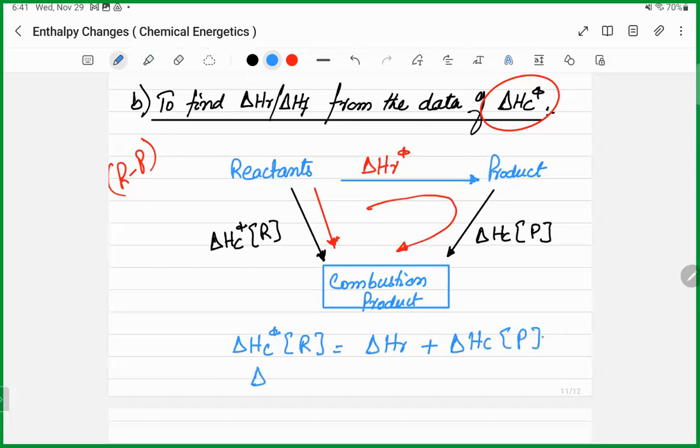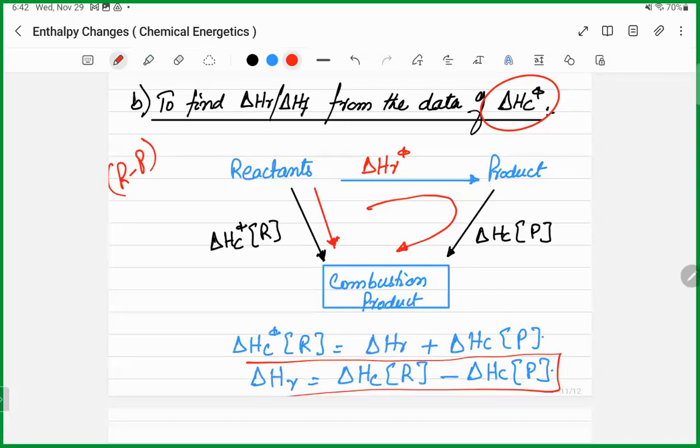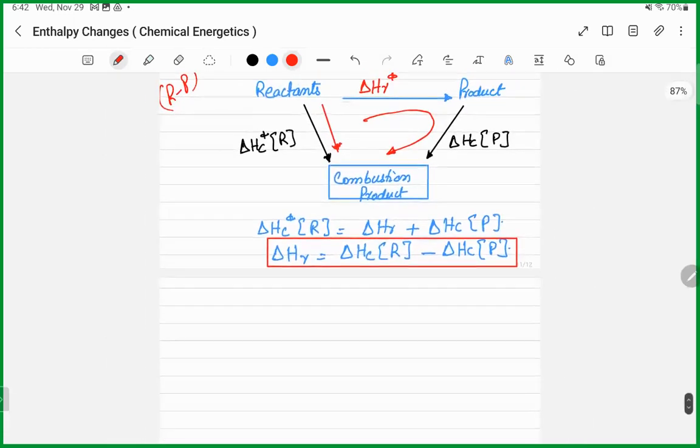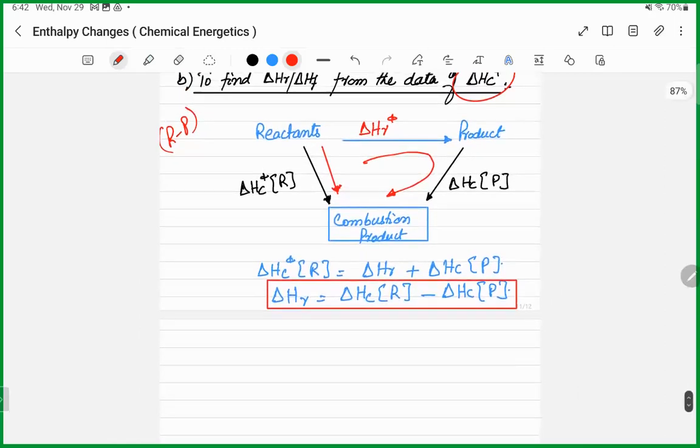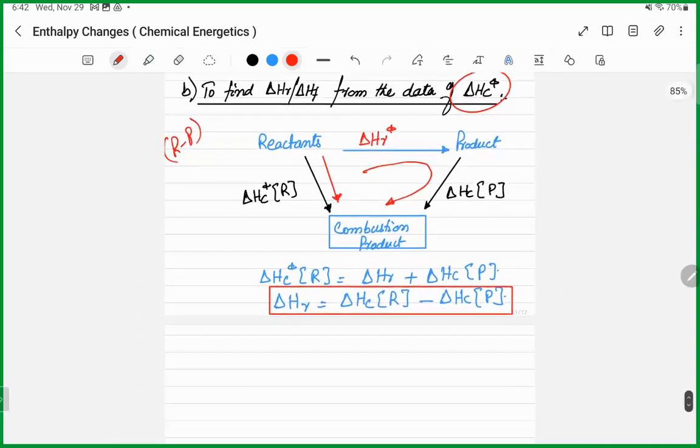If I set the equation for enthalpy change of reaction, delta HR, this is enthalpy change combustion of reactant minus enthalpy change combustion of product. वही आ गया reactant minus product. Got it? It's going to be the same thing. Reactant minus product.